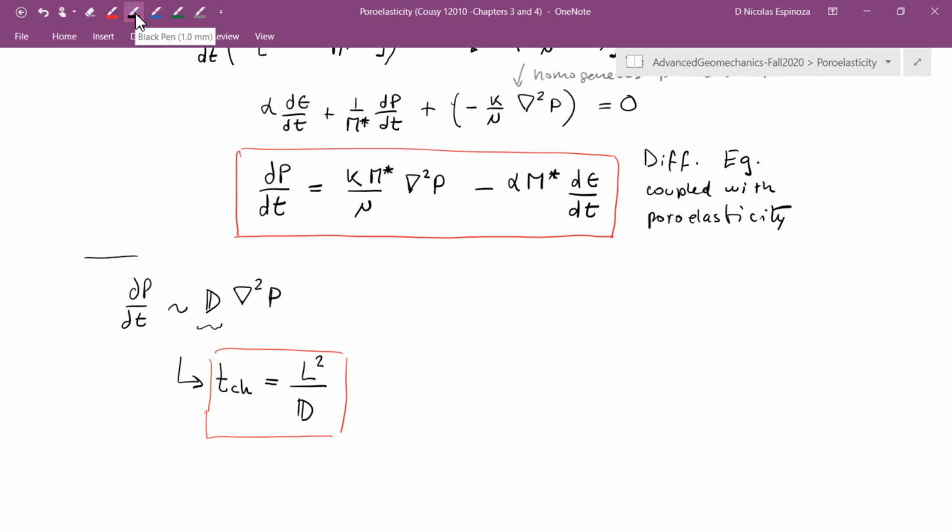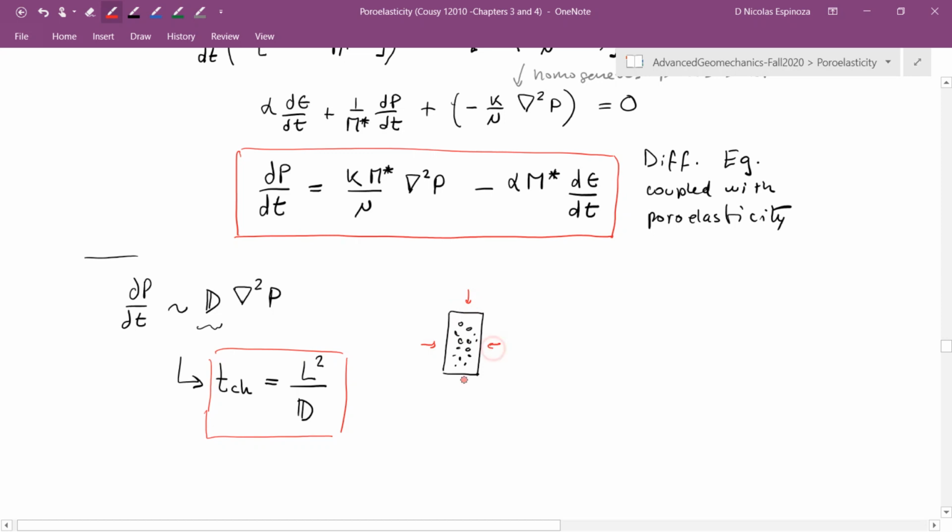Okay, and what I'm doing here is that, for example, if I had a pore space, a porous solid, that I applied to it a rapid load, for example S, and this load changes as a function of time, more or less in a step function.